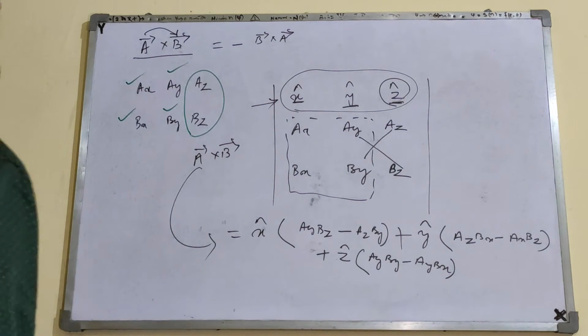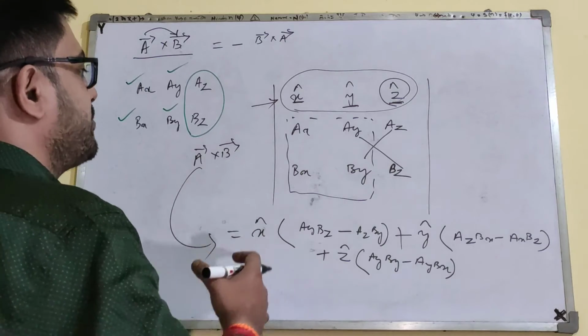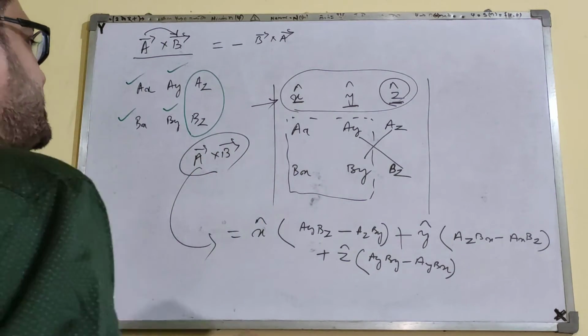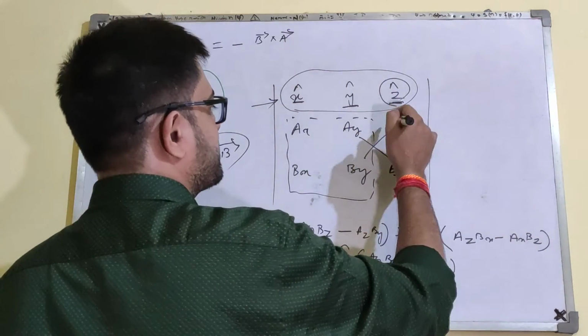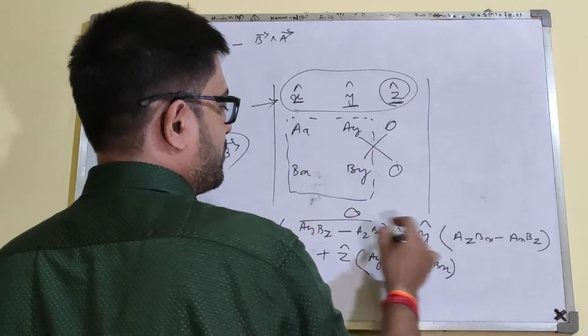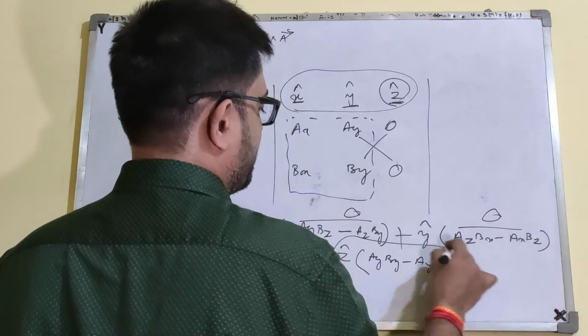For example, if the vectors A and B lie totally in the xy plane, that means the z components are 0, so this becomes 0 and this becomes 0, and only this part will remain.